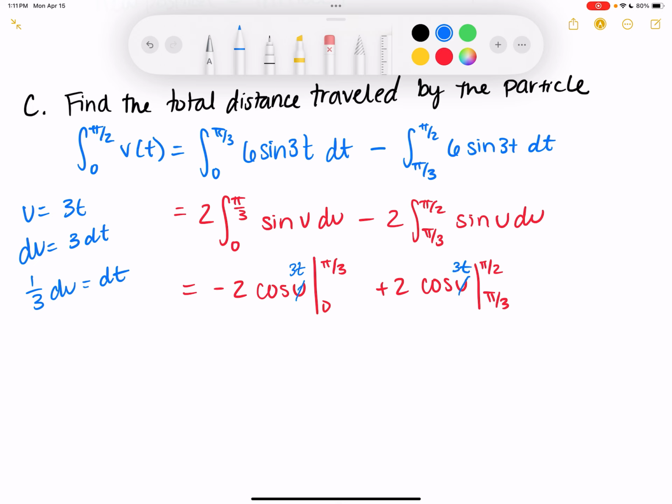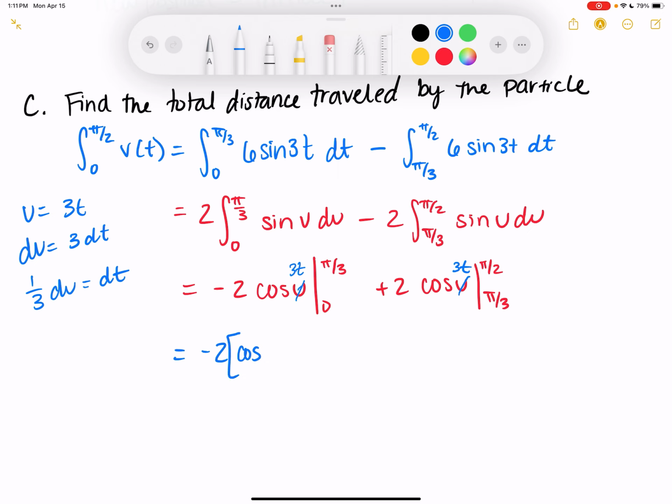Okay, so the difference in part B and part C in the math of what I'm doing is that I got new parameters in part B. In part C, I'm truly doing u substitution and plugging back in. So now I've got negative 2 times the cosine of, I'm going to do it this way so I can bracket it off and not have to do the negative 2 twice.